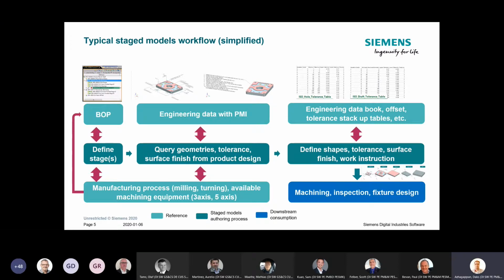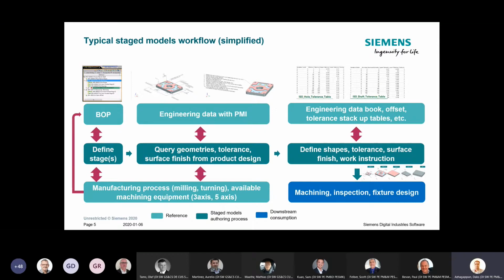Once the stage models are defined, the shapes are modeled, and the tolerances and surface finish are added, they output the work instruction drawing, typically the 2D drawings, which are passed downstream to manufacturing processes like machining, inspection, and fixture design.